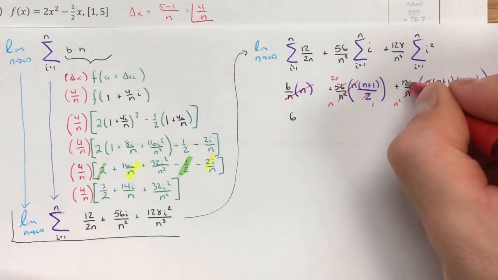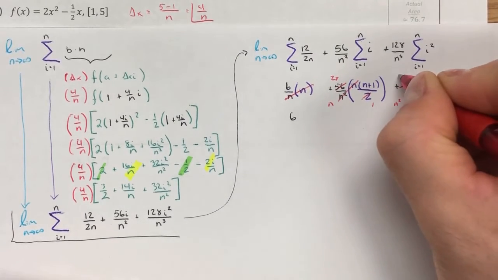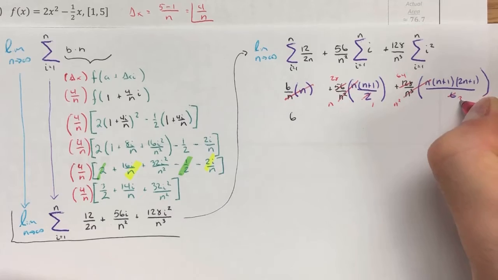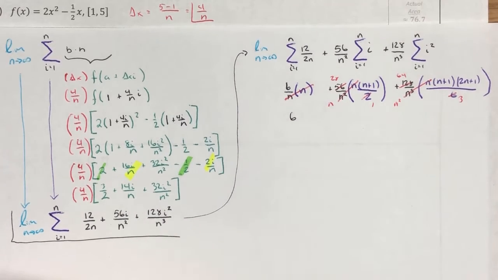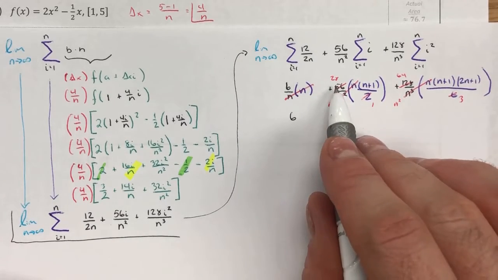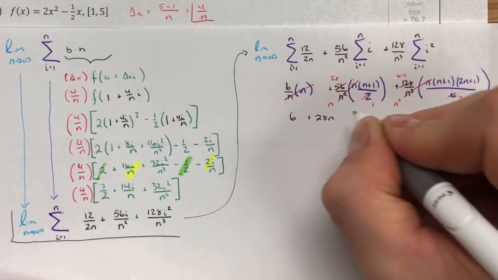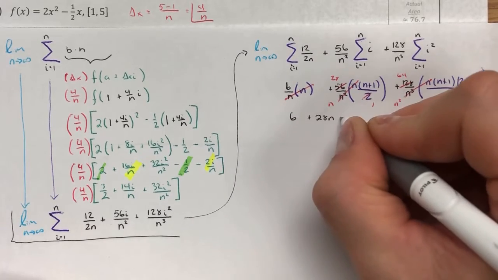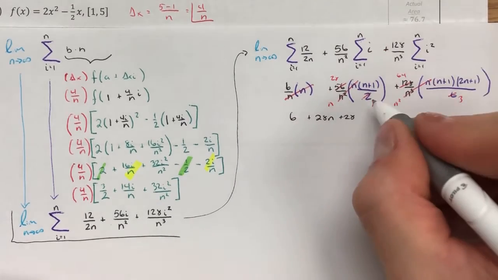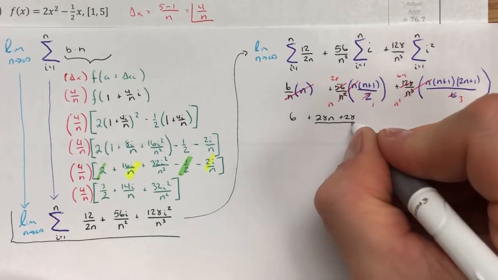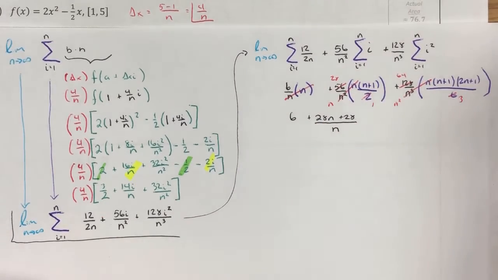Same thing right here. This divides by 2. That's going to be a 64, and this is going to be a 3. Okay. So 28 times n is going to be 28n. 28 times 1 is 28. And on the bottom, I just have n.